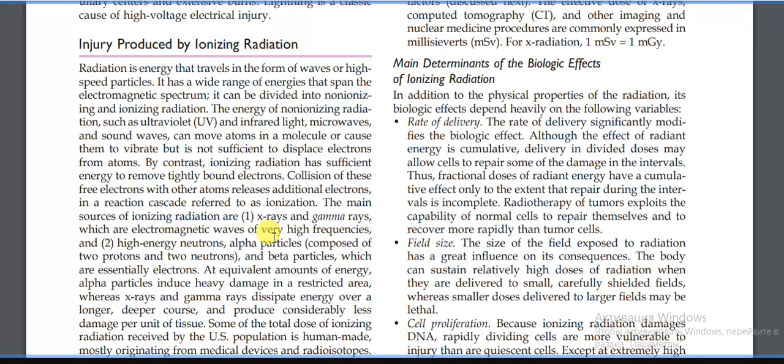Ionizing radiation has sufficient energy to remove tightly bound electrons. You remember the chemistry and structure of the atom: in the center we have protons, and around we have electrons.